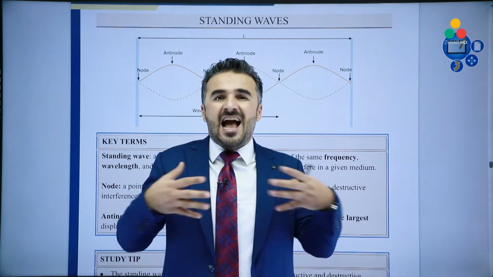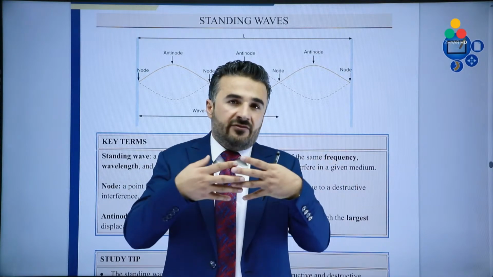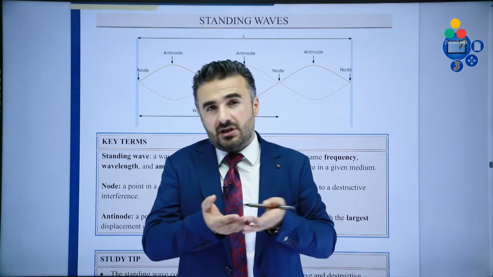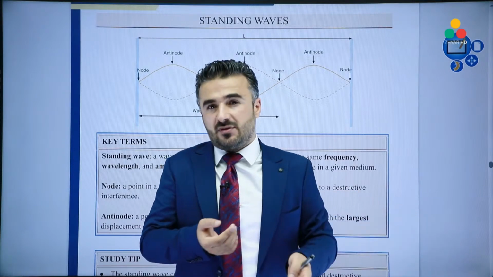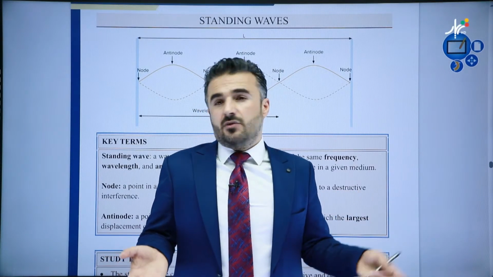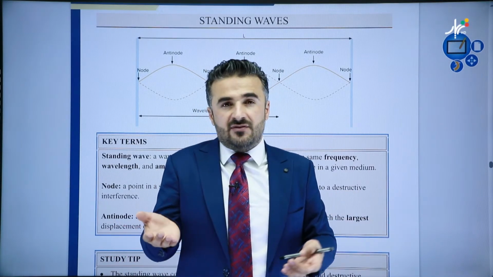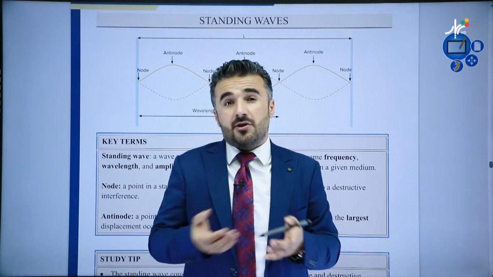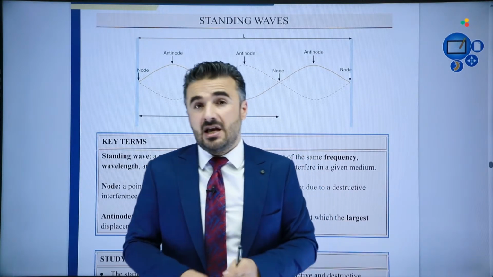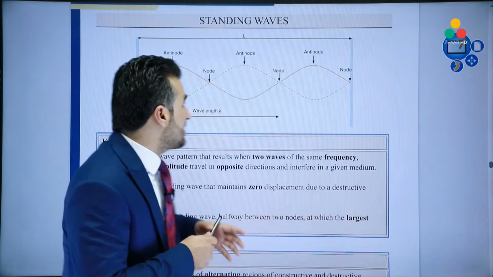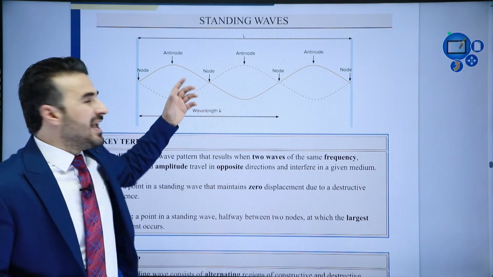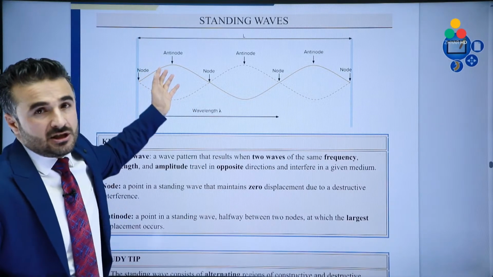Using the principle of superposition, they interfere. At some regions these two waves have constructive interference, and at other regions destructive interference. As a result, we get a wave where we have nodes and antinodes.